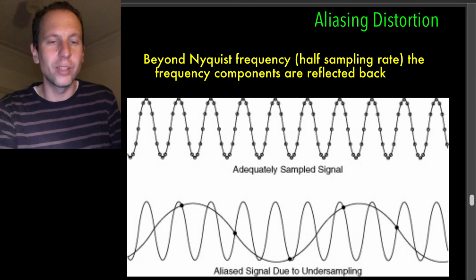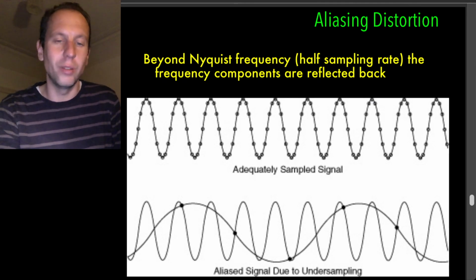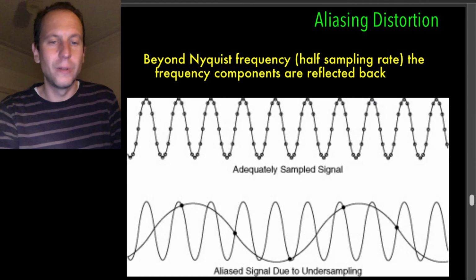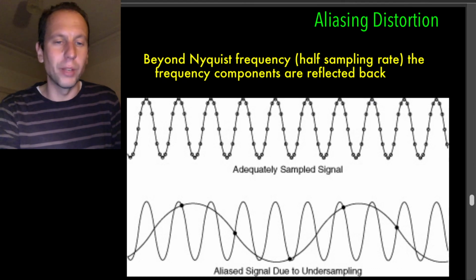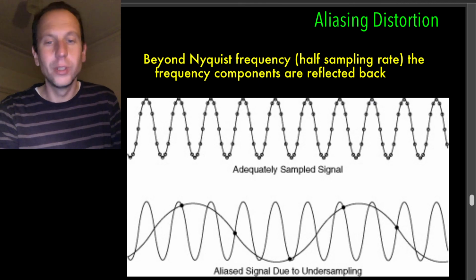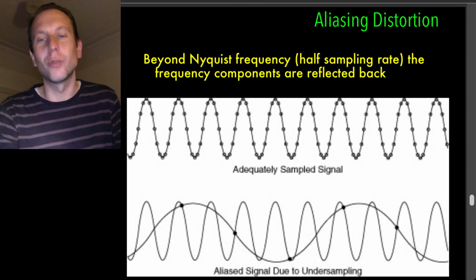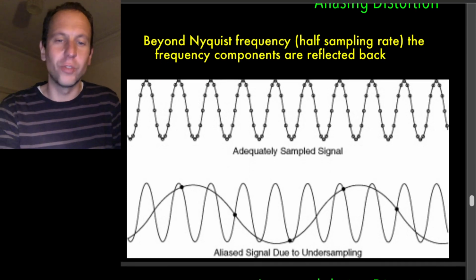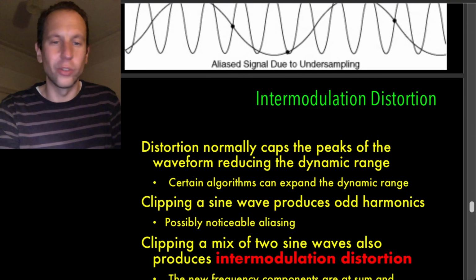So if there is a signal that would be of higher frequency than half the sampling rate, in the bottom graph you see how very few points are being sampled, and if you reconnect those points you still get a sine wave, but you get a sine wave of much lower frequency. So it's a visual aid to understand why on earth this happens.